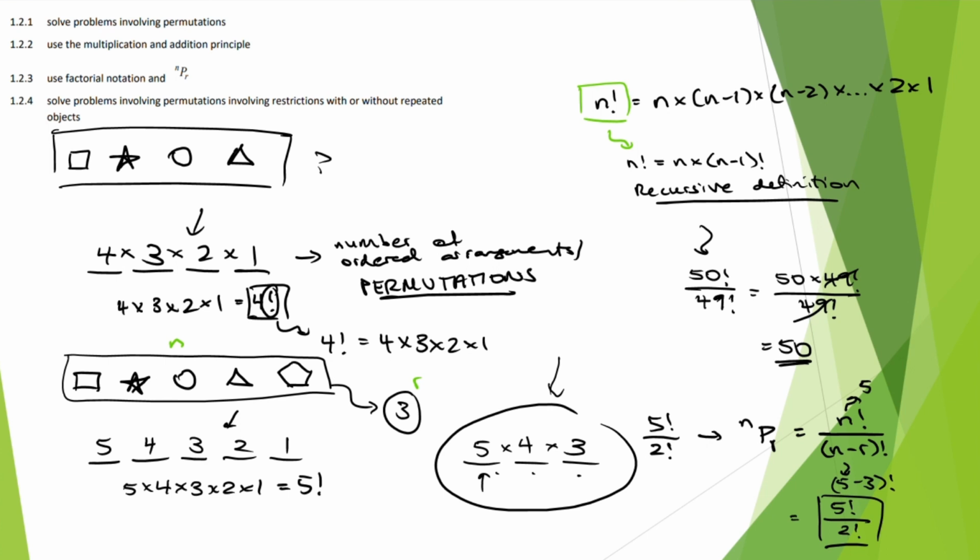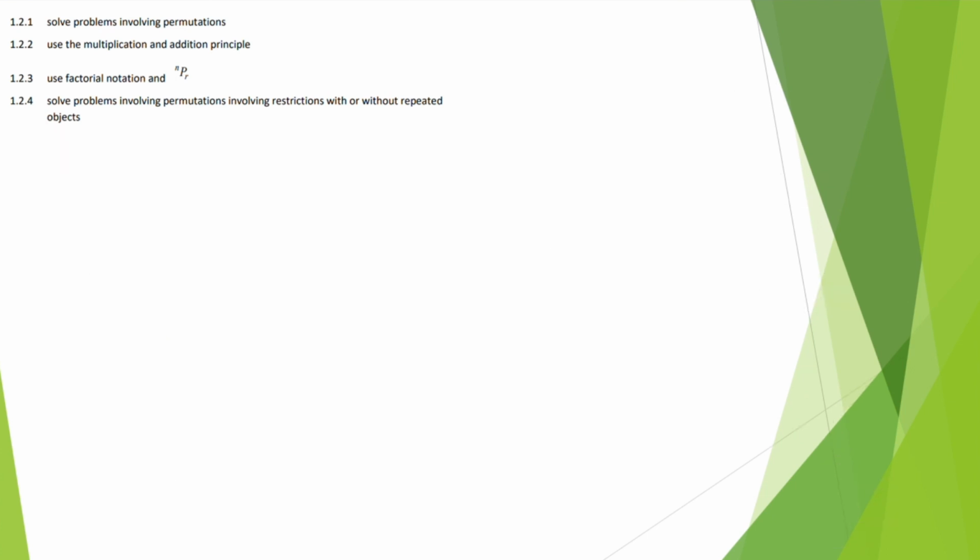Okay? Now, we might have some slightly more difficult permutations questions. That is, we might have permutations where we have a couple of restrictions placed on it. Let's say we have 10 numbers, 0, 1, 2, 3, all the way up to 9. So this is 10 numbers. And we want to form an even number that is 4 digits long.